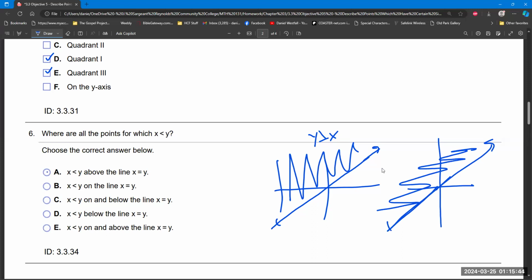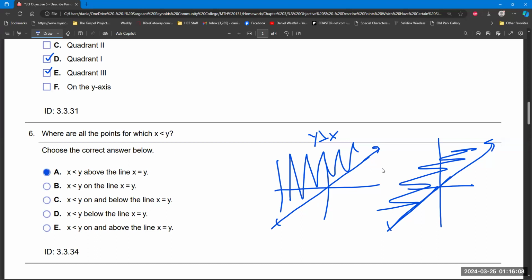That's correct. X less than y is above the line x equals y. No, can't be on the line.